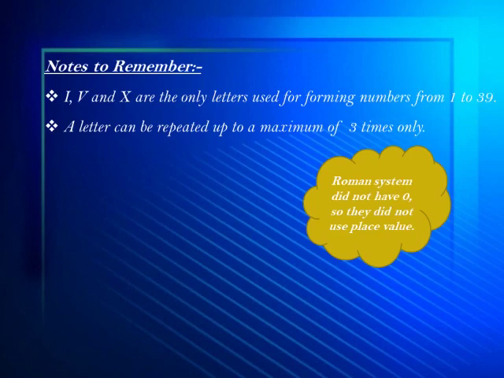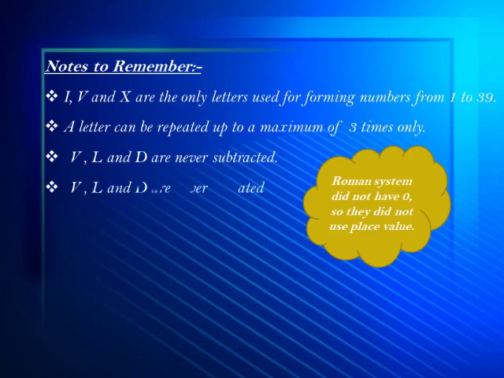The next one, V, L and D are never subtracted. The next one, V, L and D are never repeated. See, the value for V is 5, L is 50 and D is 500. So all these are never subtracted and never repeated.